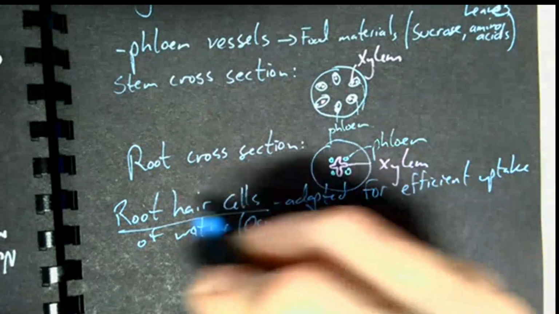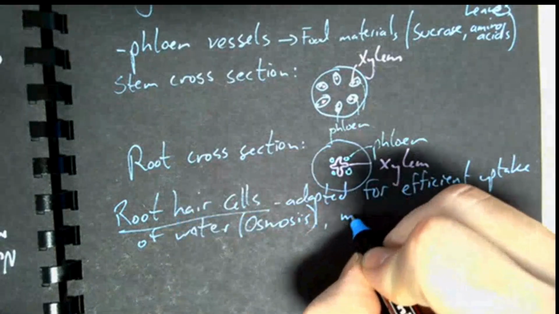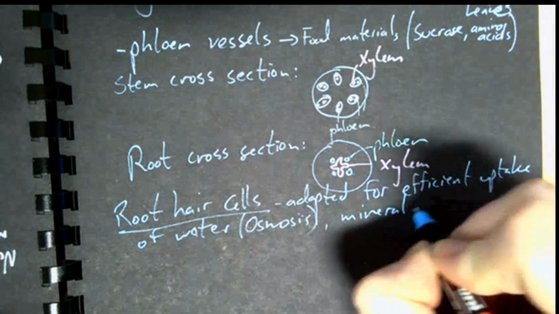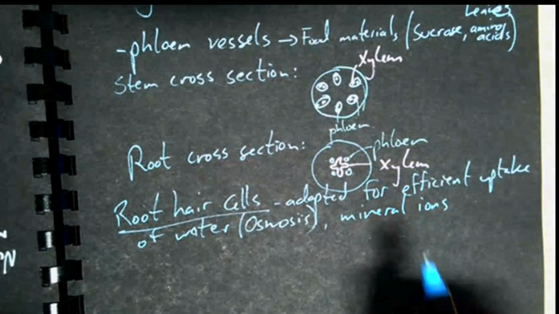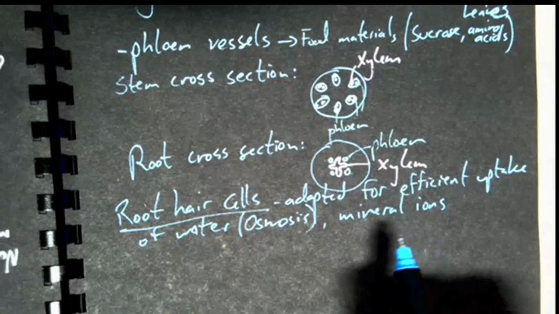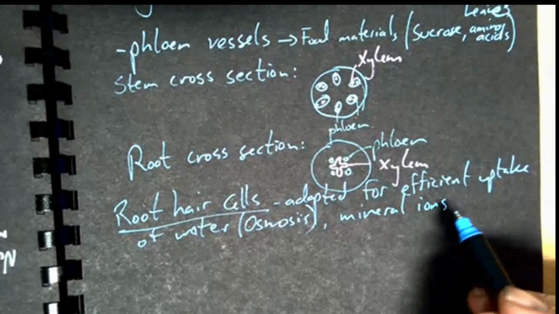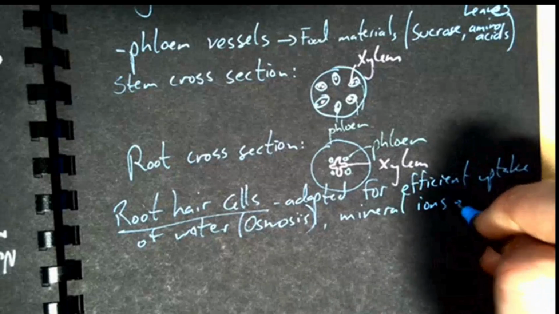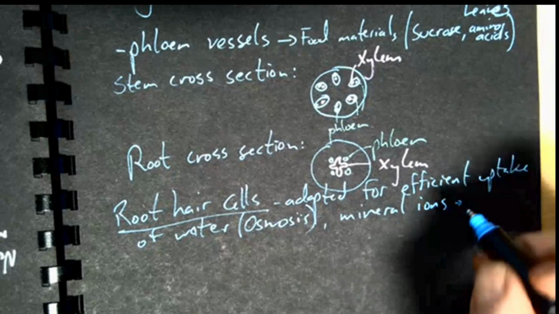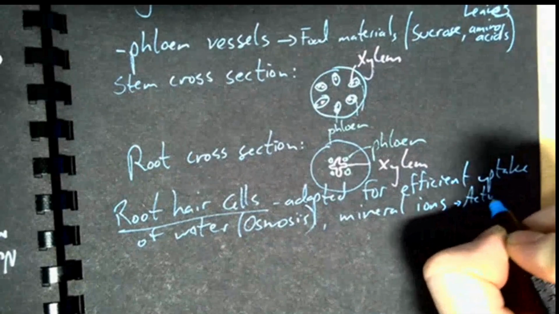Also they're designed to take up minerals or mineral ions, and they move those against the concentration gradient. So they're going from low concentration in the soil to high concentration in the plant. And so remember, to go against a concentration gradient, we have to use active transport.